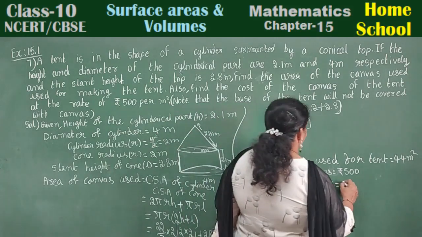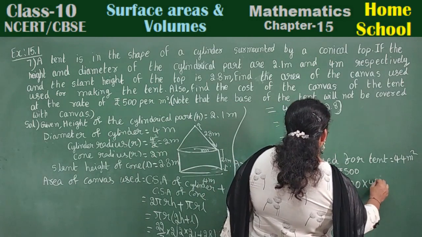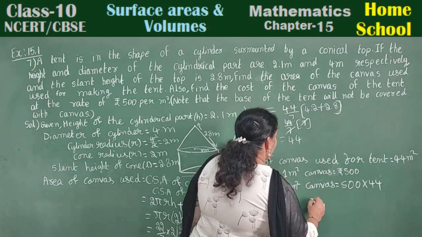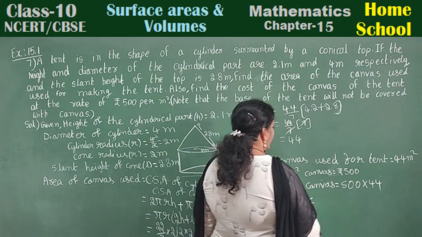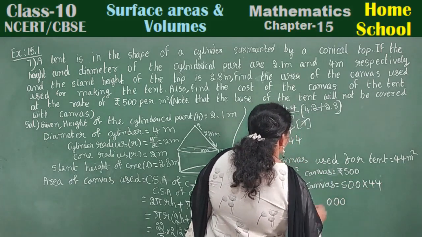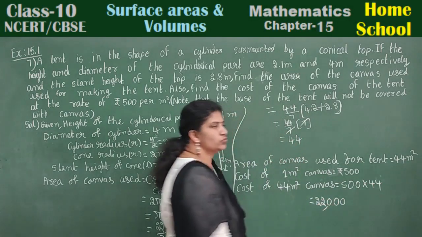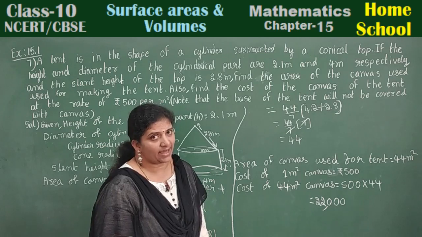That means 500 rupees into 44. If you multiply, what happens? 5 fours are 20, 22. 22000 is your answer.